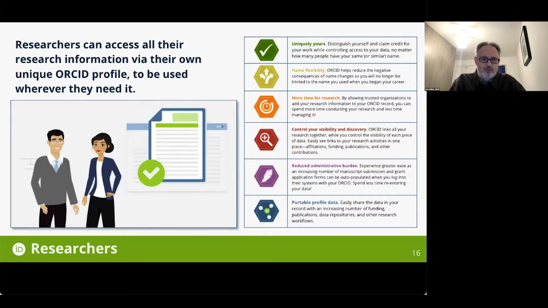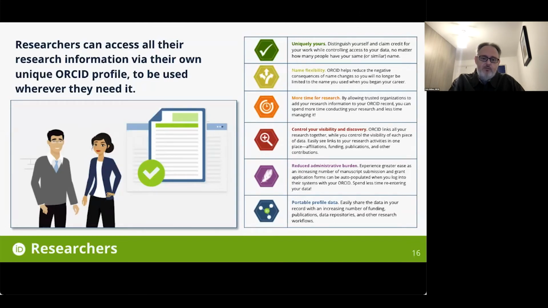Obviously, many researchers change their name through the course of their career, often due to family changes, getting married. Increasingly, this is something that's important to transgender researchers. So again, because there's a unique identifier for the ORCID, the name can be changed by the researcher at any time. They can add all of their various name variants to their record.